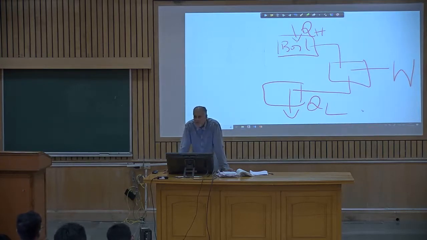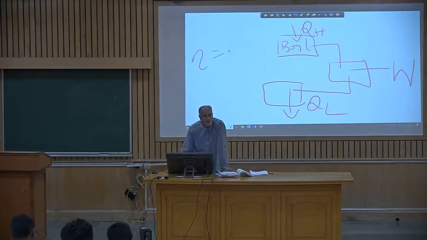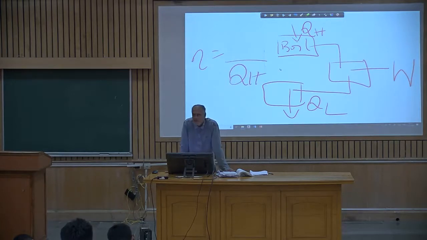What's the efficiency of the machine? Output by input. What's your input? You are supplying heat, not work. What's your output that you're getting? Work. So that depends on how much heat is discarded. So W is equal to how much? QH minus QL, which is the entire heat that's supplied.